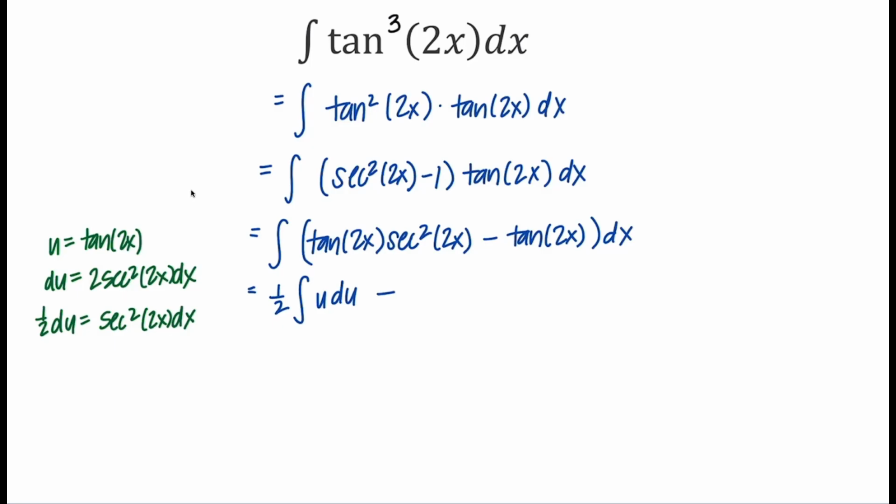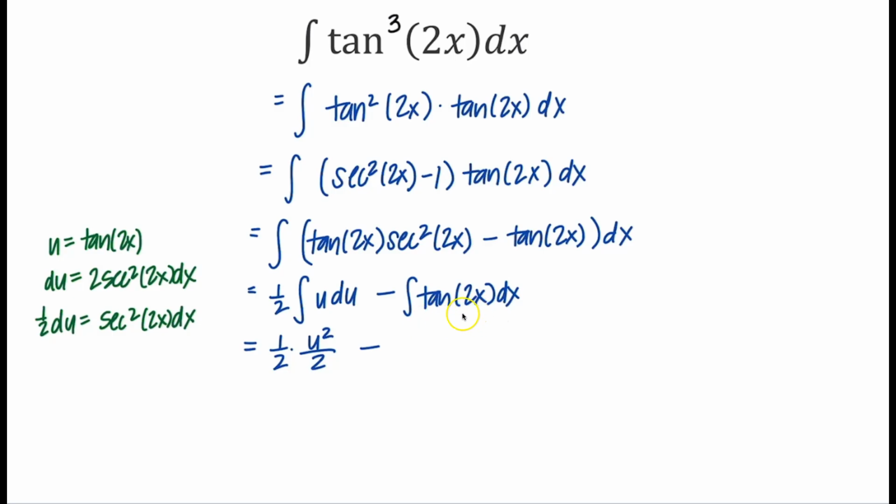And then we're going to have minus the integral of tangent of 2x dx. All right, so now I have 1/2 u squared over 2. And then I have minus, all right, so the integral of tangent 2x.